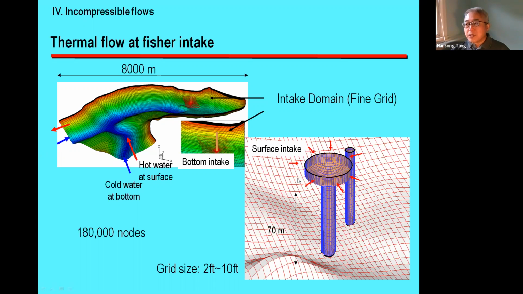They want to collect fish from the water surface by this structure. After collecting, the fish will go down here, then finally go to the downstream of the dam. Before construction, they wanted to make sure that after the structure is built, the thermal stratification of temperature is still there, so they can collect the fish as they want. So we made the computation of the temperature flow using coupling of the PTG.